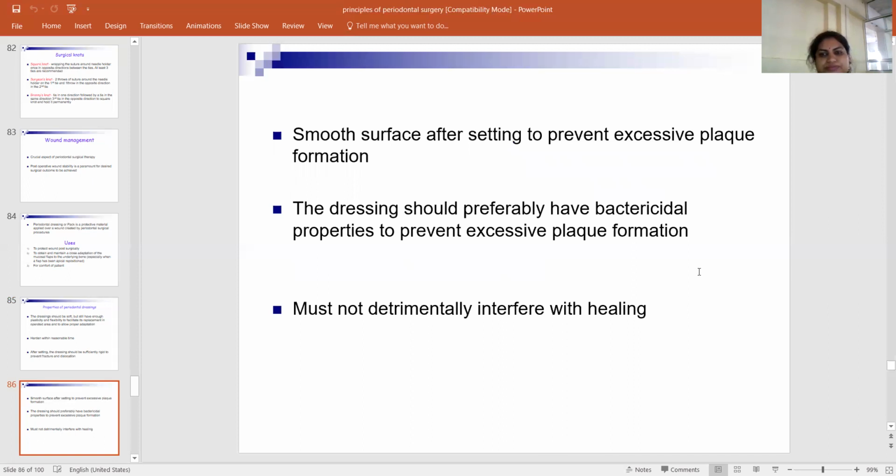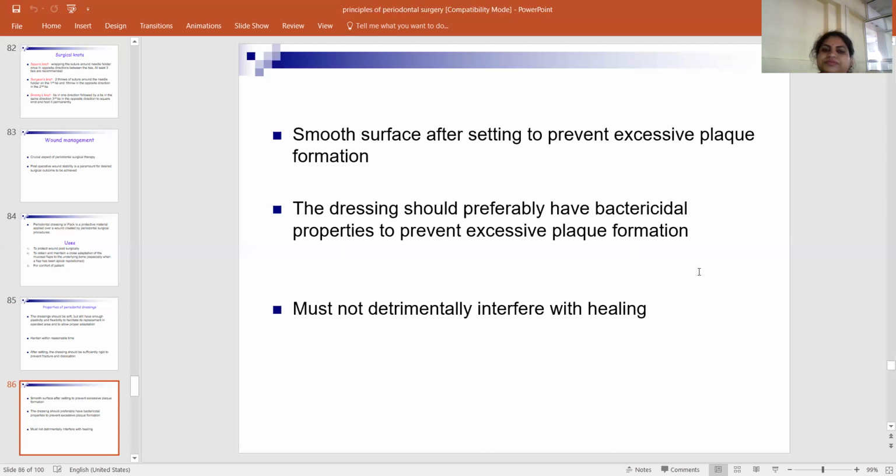The dressing should preferably have bactericidal properties to prevent excessive plaque formation, and must not detrimentally interfere with healing. So what happened? The dressing should be bactericidal because there will be a mechanical bond between the periodontal pack and the surgical area.